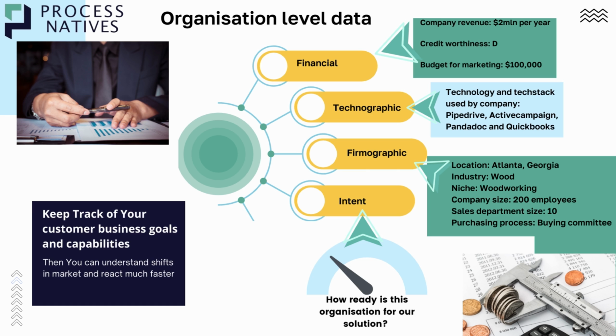Financial data includes company revenue and the budget for the specific department you would be selling a solution to. Technographic data. This fancy term simply means what technology the company is using. It's relevant when you are selling technology, as it signals if they're using competitors' products and if their tech stack is ready for your solution.